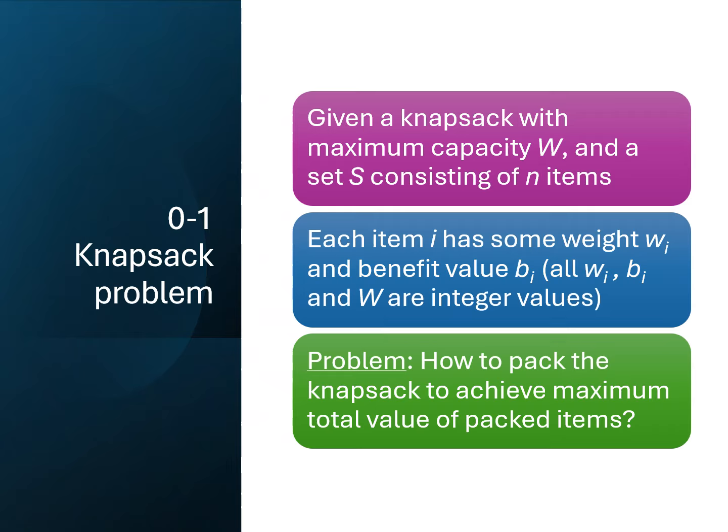B of i represents the benefit of the ith item, and all these numbers are integers, so there is no possibility of breaking an item, or the cost cannot be in fractions. The problem definition now comes: how to pack the knapsack to achieve the maximum total value of the packed items.